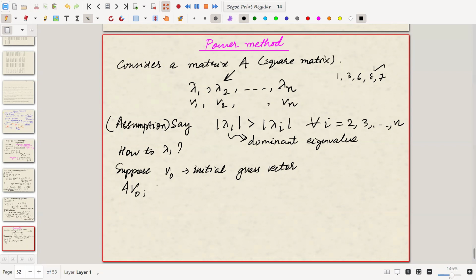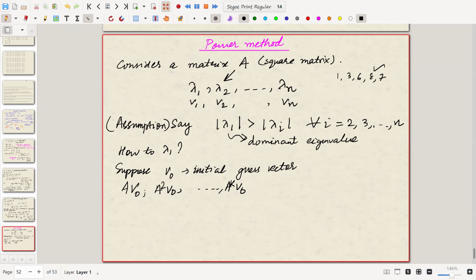If you do A times V naught, it is going to be another vector. So we keep on multiplying the matrix A in this sequence of multiplications. The idea is you have this iteration scheme. We took an initial guess for a numerical method, but what should be our iteration scheme? Our iteration scheme is the most important one because it lands us at the solution.